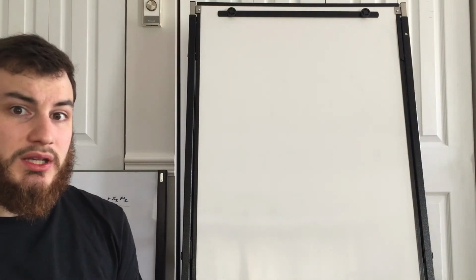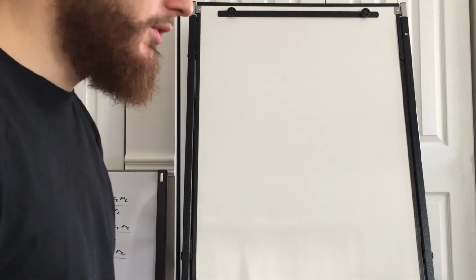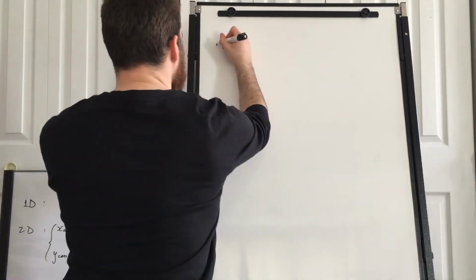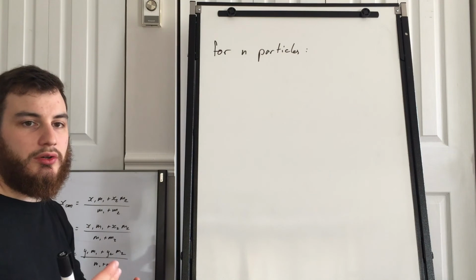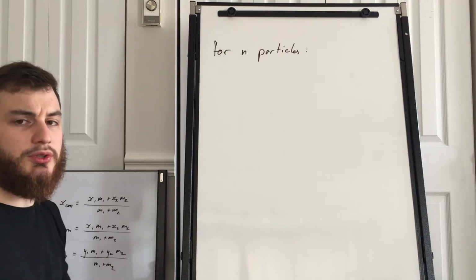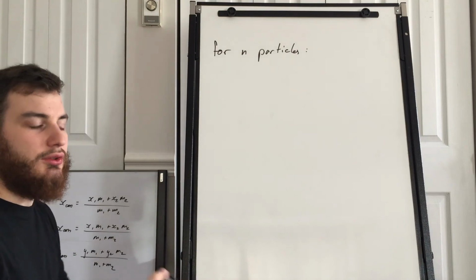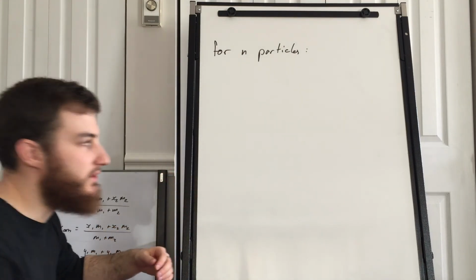But what if we have many? If we have many, we just add terms to the 2 sums. So if we have n particles, for example, I'll just write in 1 dimension. The equations are in the notes, but you can just change the variables x for y or z, and you'll get the 2 and 3 dimension versions of this thing.